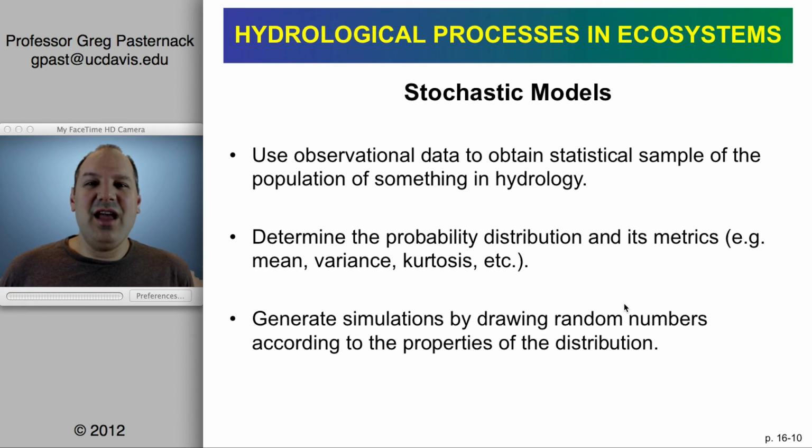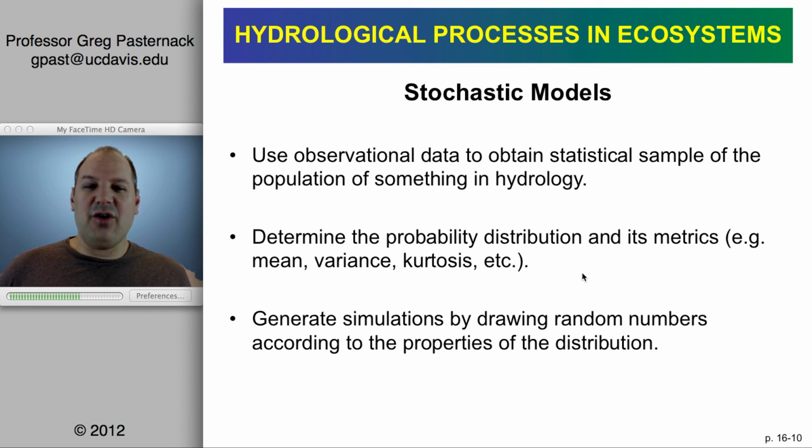You just collect observational data, whatever kind of data you have, just get a time series of it, and then start by assuming that each point in that time series is independent and part of the identical distribution of a population from which those samples are taken. When you do that, you can then create a histogram.